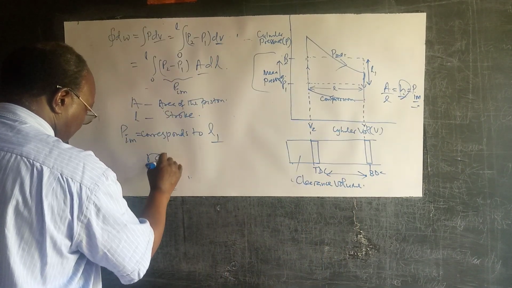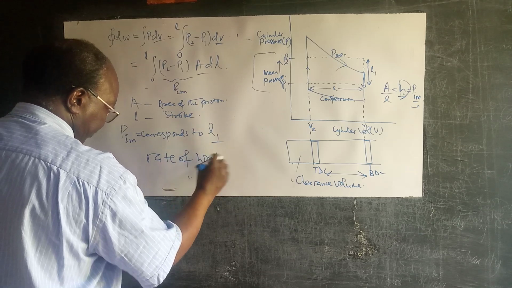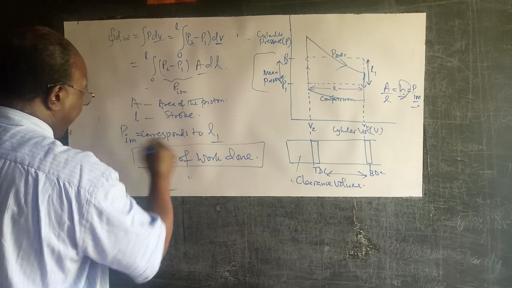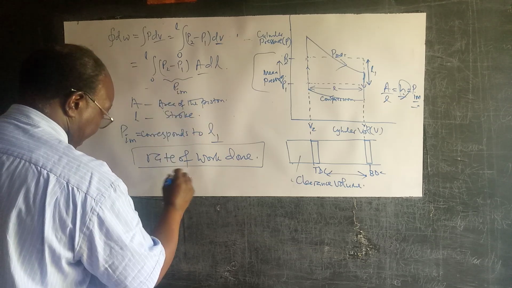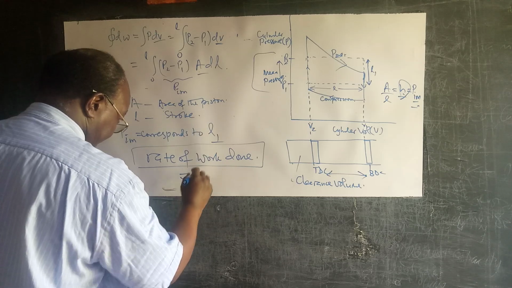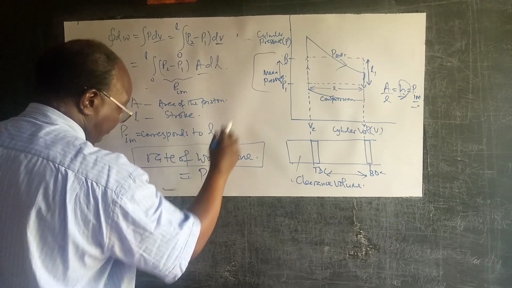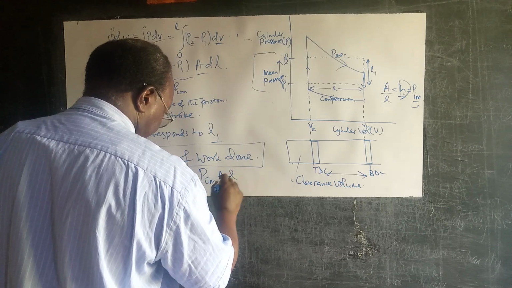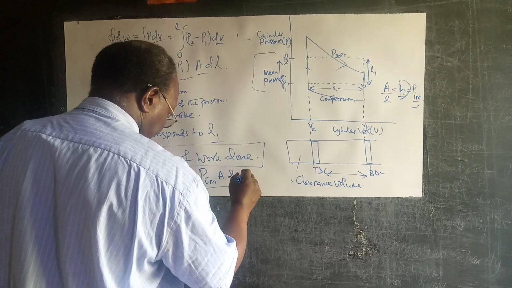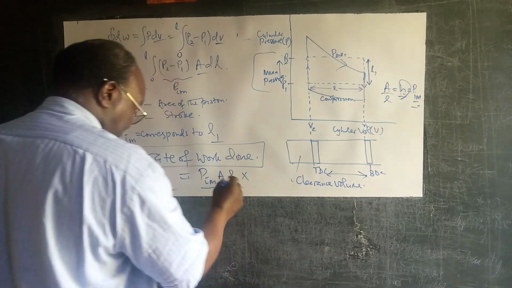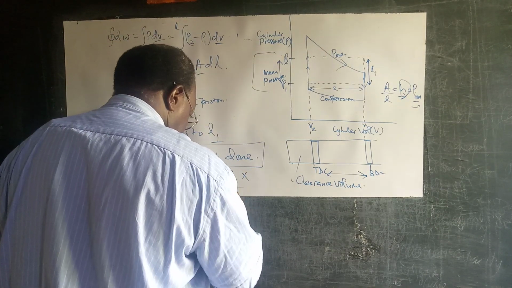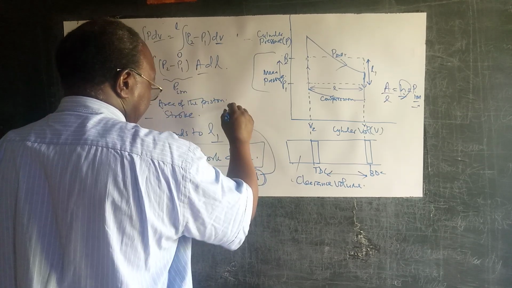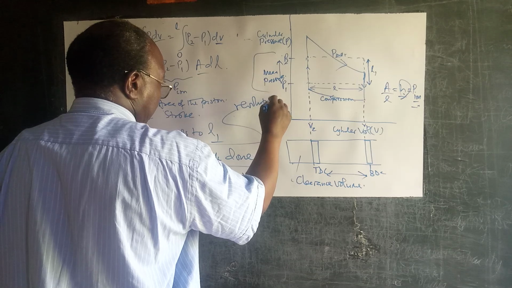So the rate of work done, let's just call it rate of work done here, will simply be whatever we have, that is P_im A L, remember that's the piston stroke, now multiplied by some N, where this N is revolutions per unit time.